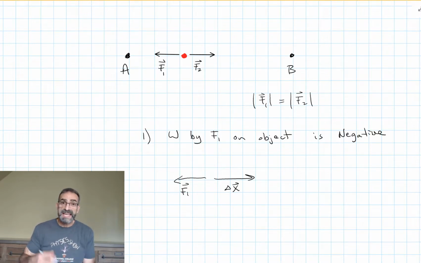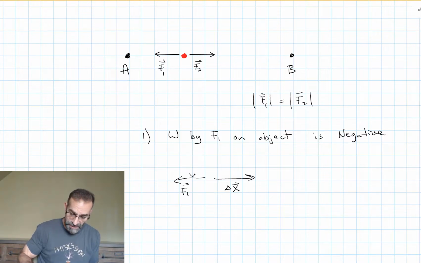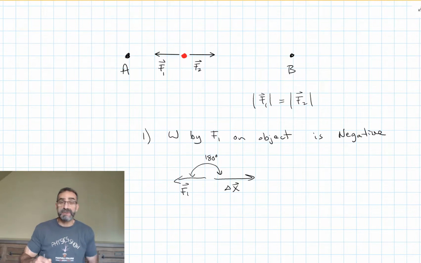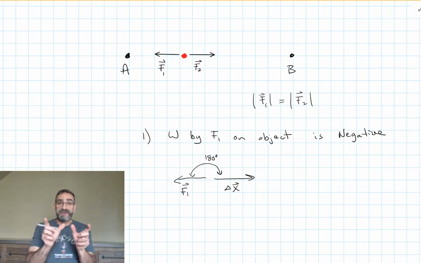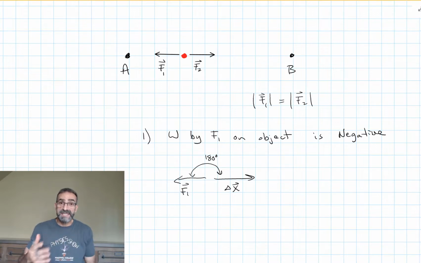It's doing negative work on our object. Or another way to think of it, there's a 180-degree angle between F1 and the displacement when we put their tails together. And the cosine of 180 gives us negative 1. So the work done is going to be F1 times delta x times the cosine of 180.